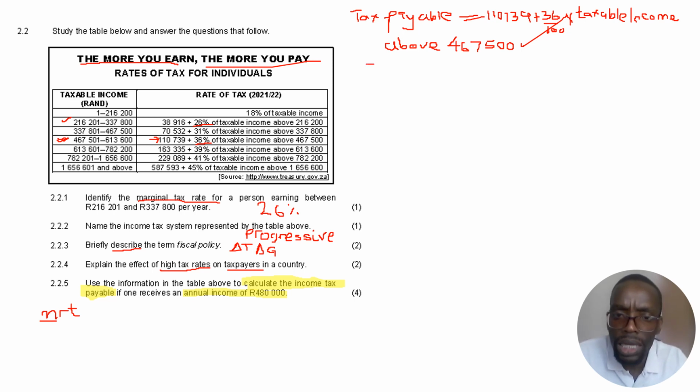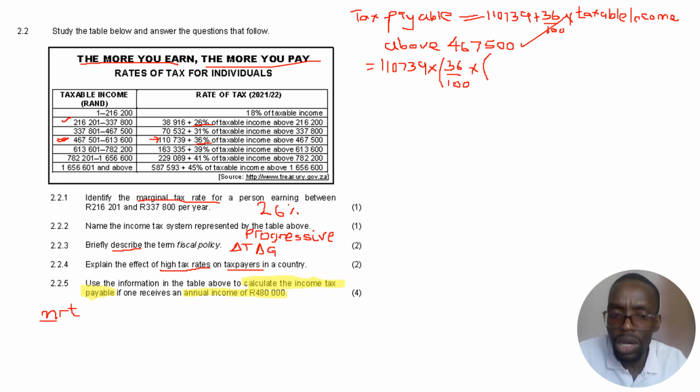It would now mean that my tax payable is going to be 110,739 plus 36% of the amount that is in excess.